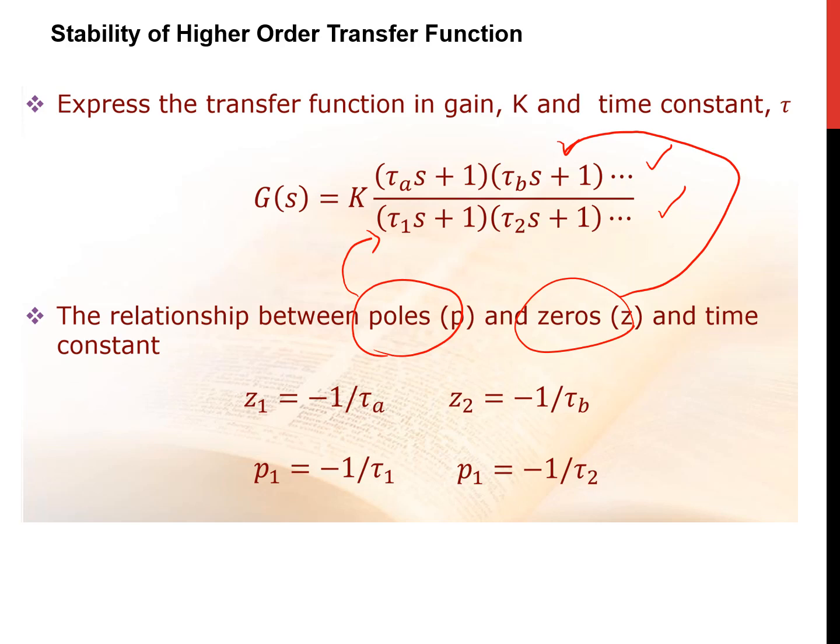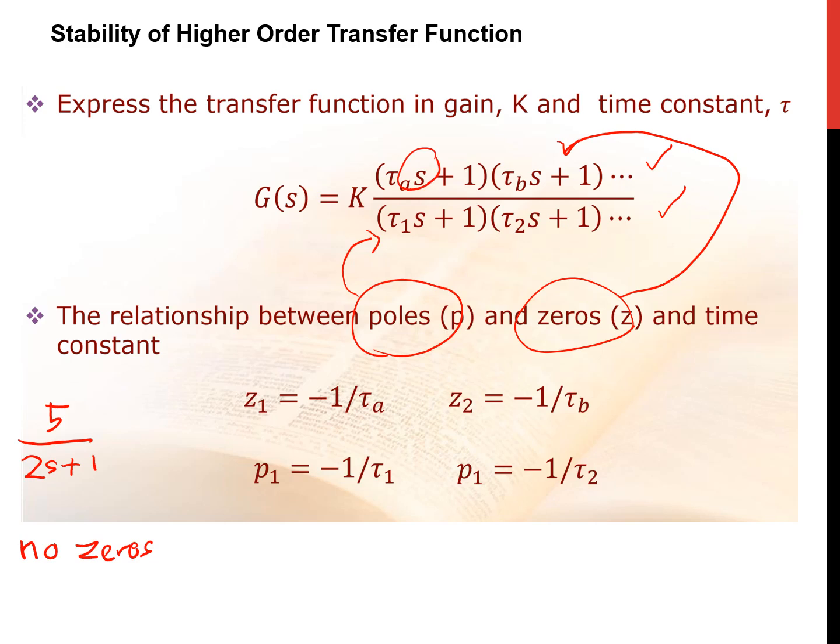For example, like the first order, 5 over 2s plus 1. In this case, you don't have any s at the numerator, so that means you don't have any zeros. The zeros apply when you have the s like this.